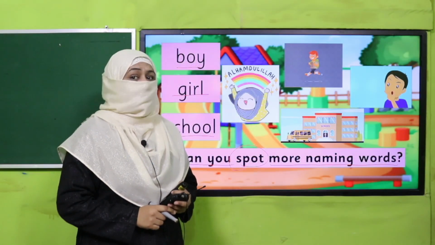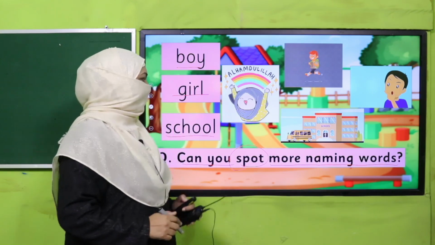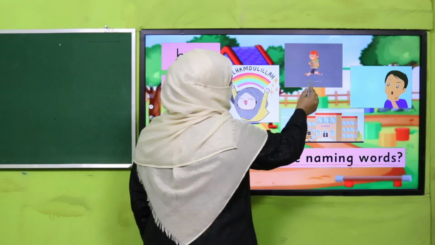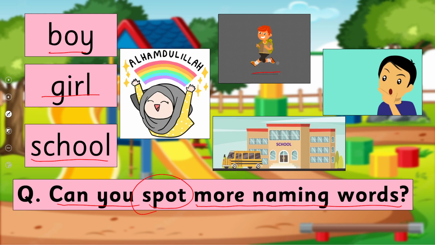Yes, my dear students, did you name more things? For example, if you look at this picture, it's a boy. He is holding a bag. He has eyes, hair, mouth, hands, shoes, etc. You see, just within this picture, there are many naming words. She is a girl. Look at her hands, her scarf, her shirt.